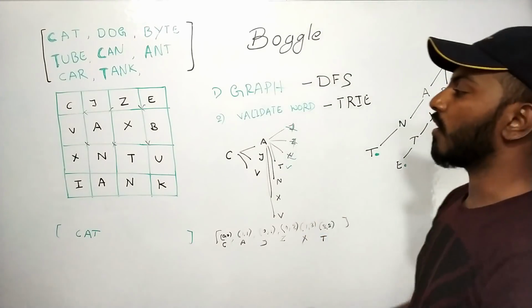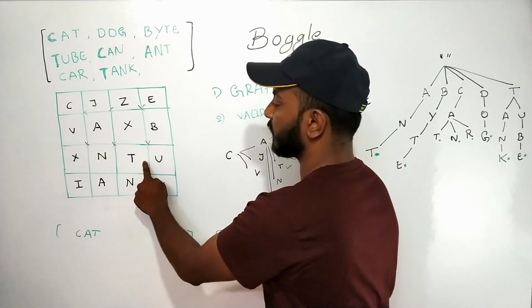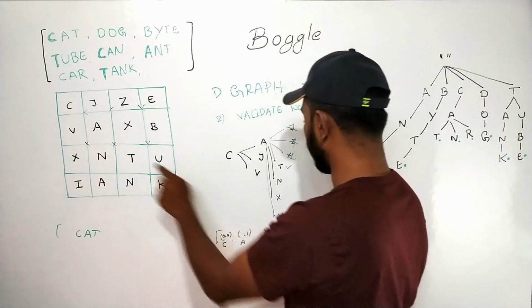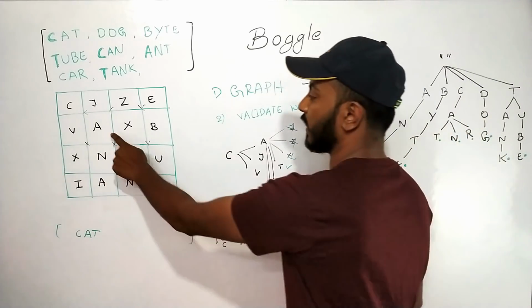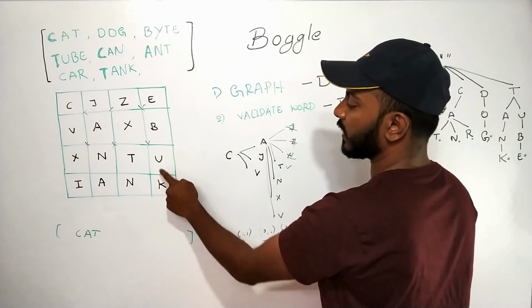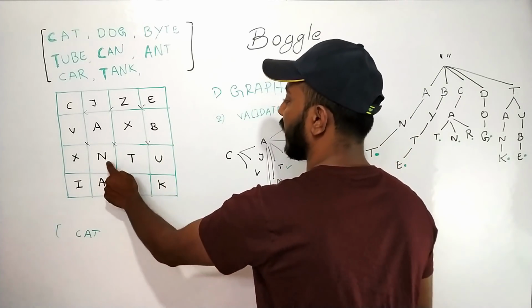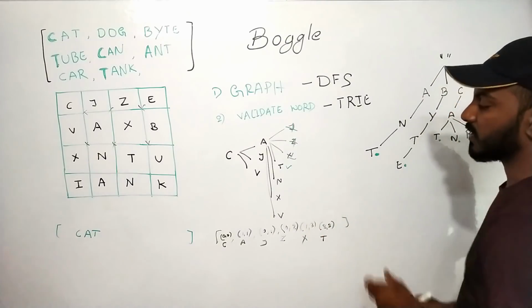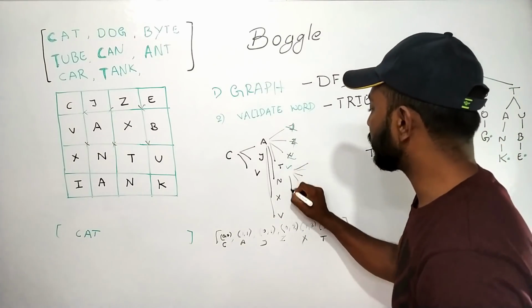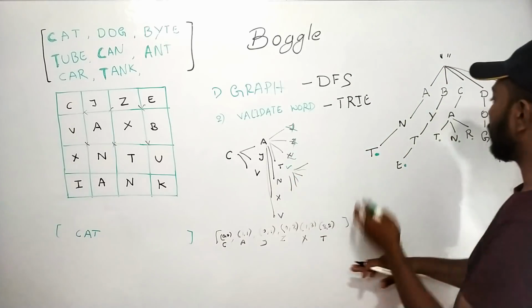So we have to consider all the different neighbors from T, that is A. Since A is already in the visited node, we're not supposed to consider that. We have to consider X, B, U, K, N, A, and N. And keep traversing the same way, for all the possible neighbors of T, and keep doing the same thing.